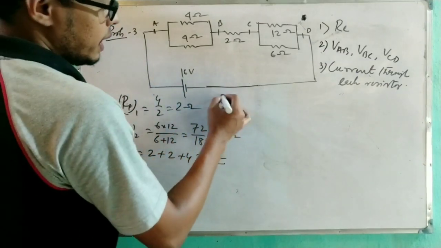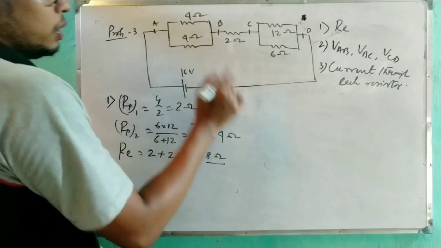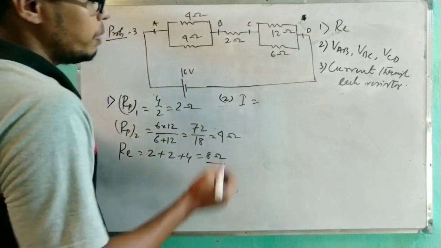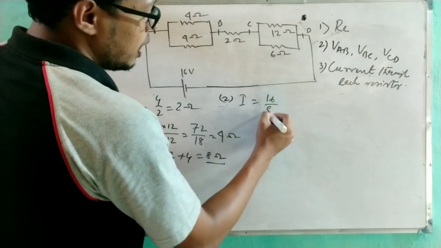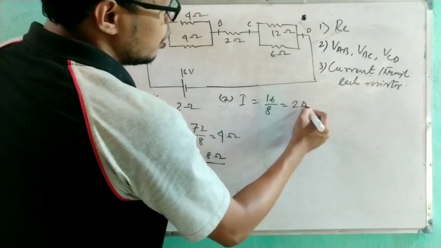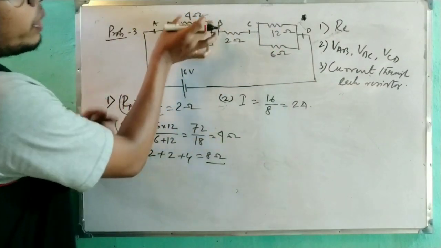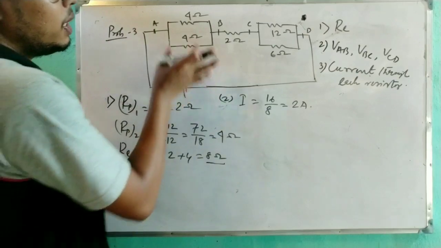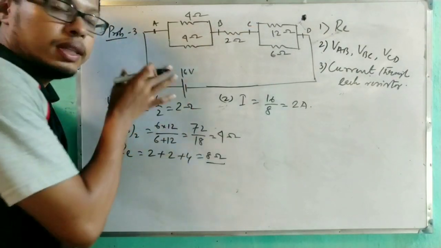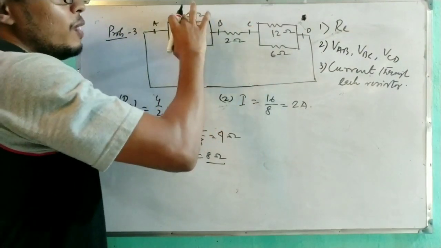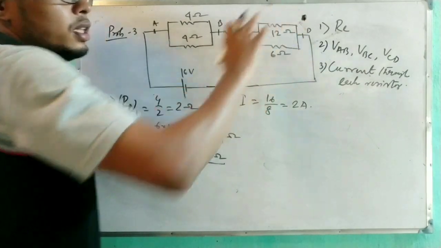Now to find the second answer, we need the total current. So total I will be how much? I equals V by R. So 16 by total R, which is 8 ohm. So it is 2 ampere, the total current. Now if we consider these two resistances as one resistance, then the same current will flow because they are connected in series, means this equivalent, this and this equivalent.